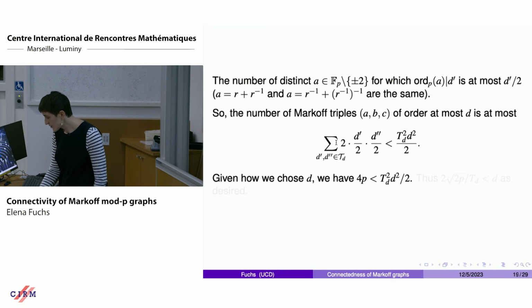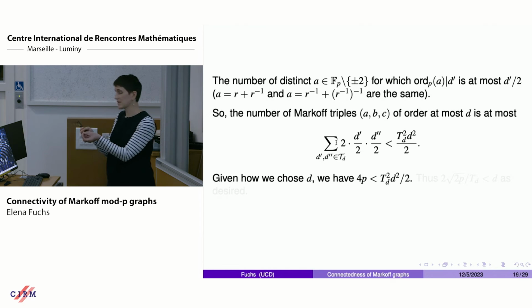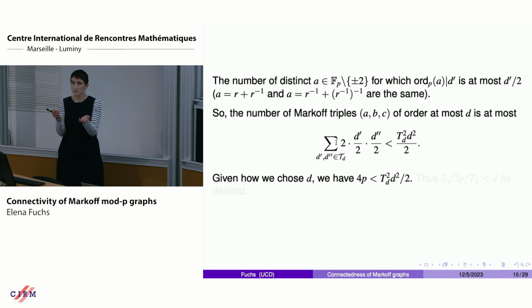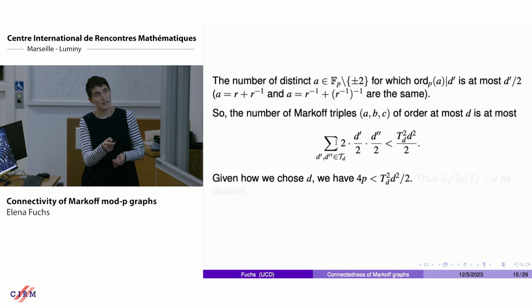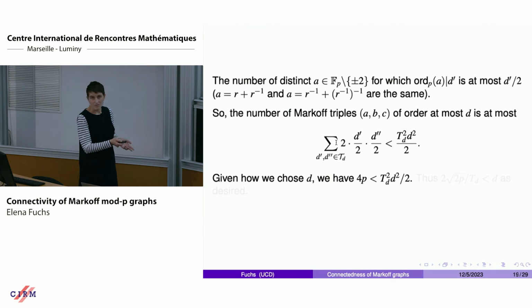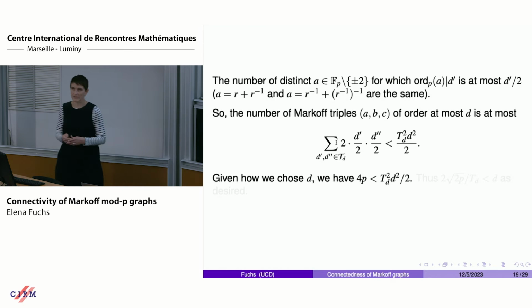So given how we chose D, which is that it's an order of this bad triple, this is the total number of things of order less than or equal to D, or an upper bound on that. If that is less than 4P, then according to Chen, you don't have any triples of order less than or equal to D that are not in the main connected component.